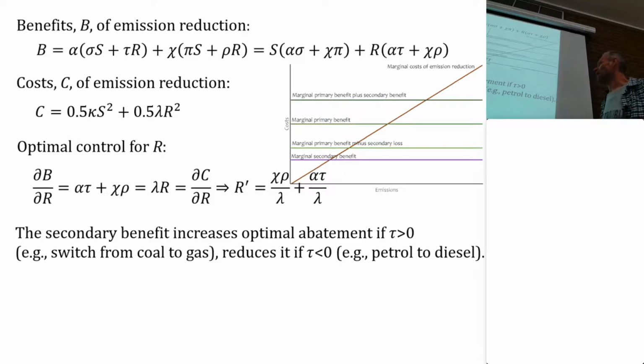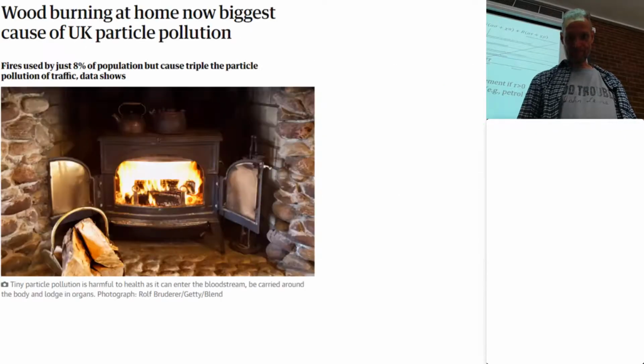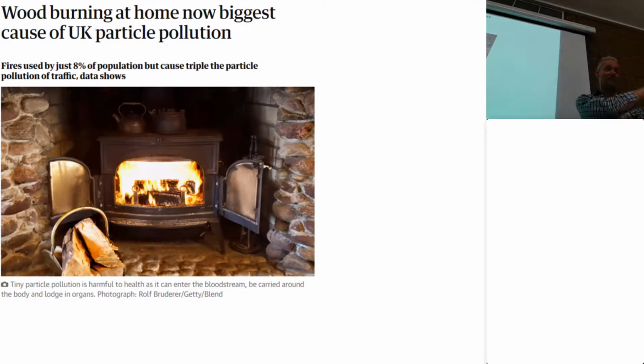And those particulates did a lot of damage to air pollution and to human health and to nature. And in this case, your tau is negative, right? Your attempt to reduce greenhouse gases, to reduce CO2 emissions, actually increases air pollution. And this came out recently in the news. Other people have known this for years.